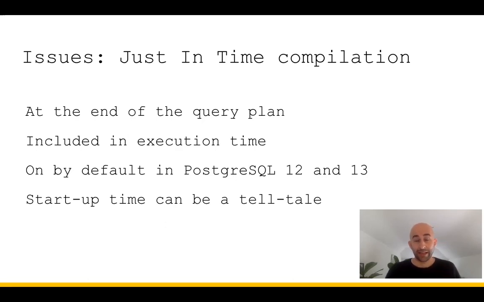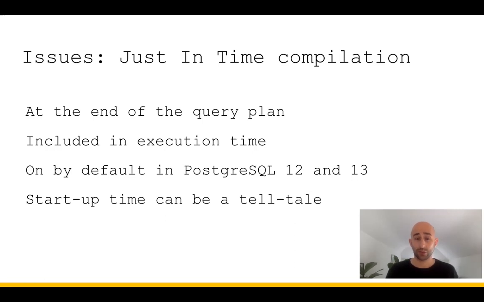Next one that's included in that bottom summary section is just-in-time compilation, or JIT. So this is included in the execution time and in the times of the operations. You'll see it in there. I'll show you an example in a moment.